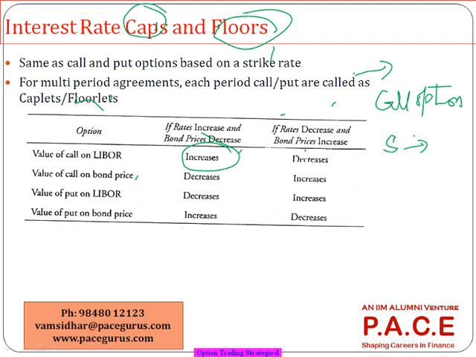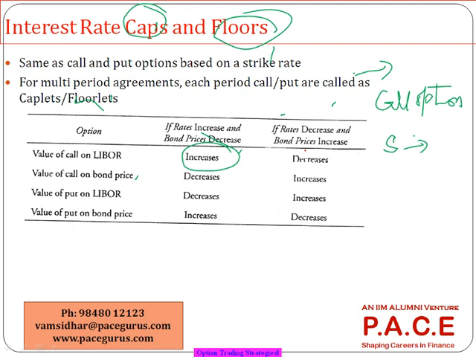That's where probably the lender will take an option, which is like a put option, saying if the interest rate falls below 4%, you have to still pay me 4%. That 4% is what we are calling a floor. Even if the rate is 1% in the market, you have to still pay me 4%. Because I am taking such an option from you, I'll pay a premium to you.